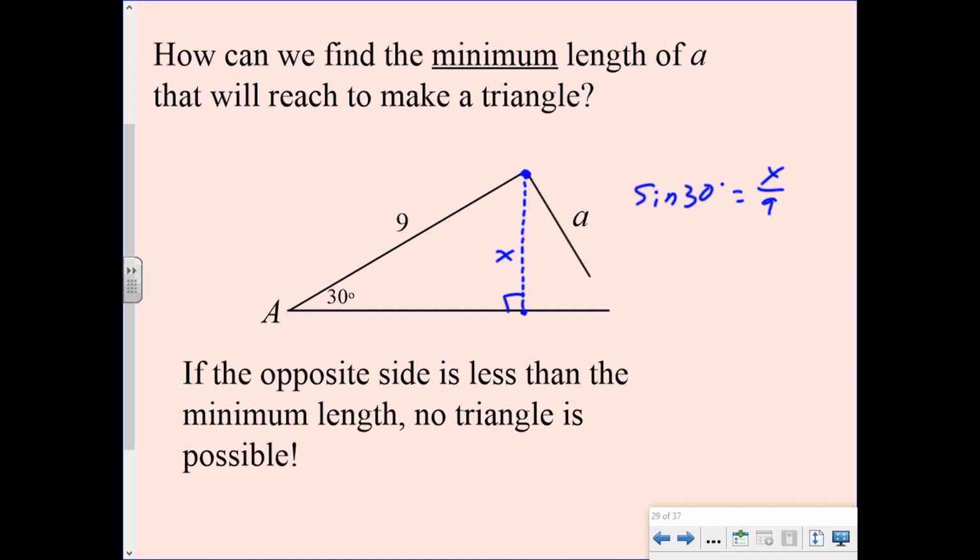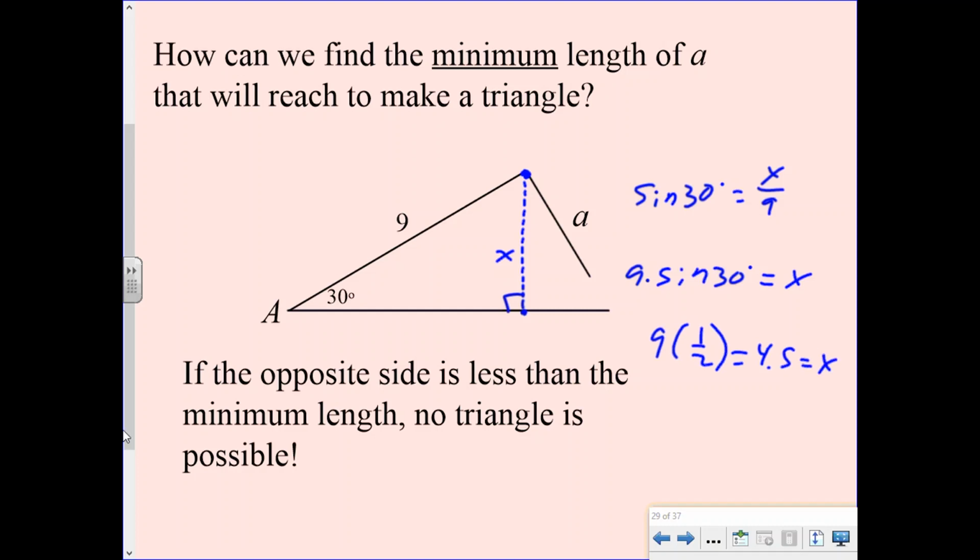So 9 times sine 30 is equal to x, right? And now 30 degrees is a nice angle because we know that from our unit circle. So we know that's equal to 1/2. So 9 times 1/2 is equal to 4.5. So that's what x has to be, right?